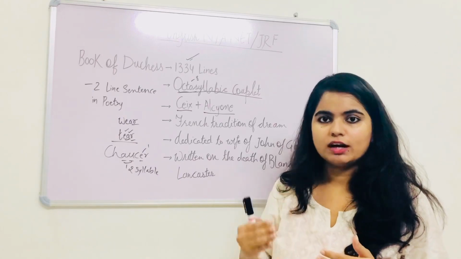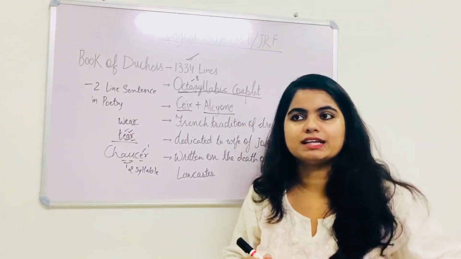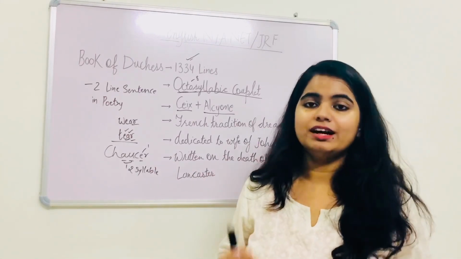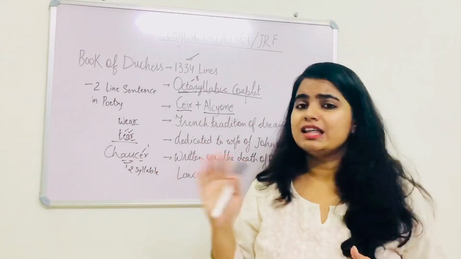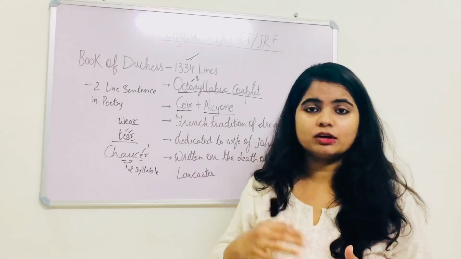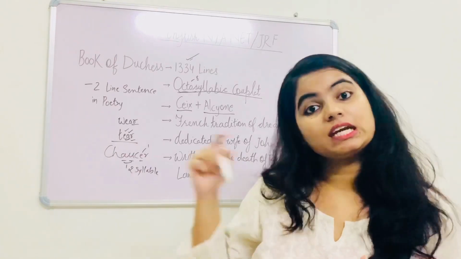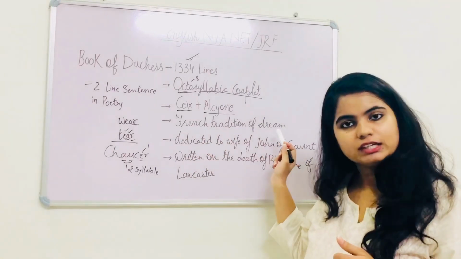So if you say this poem has dream vision or dream allegory, that means the whole literary genre has been taken from the French literary tradition. It was not invented or originated in England or through English writers, it was taken from French writing. So we say French tradition of dream, right?